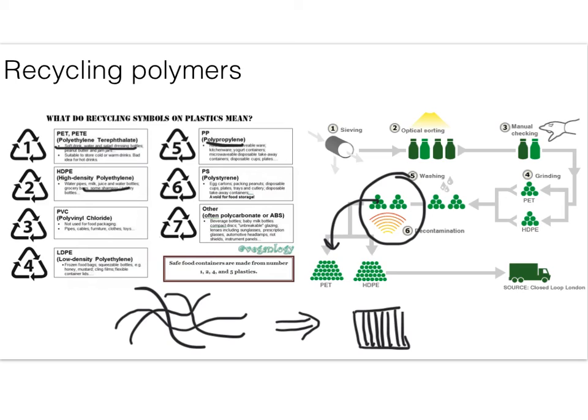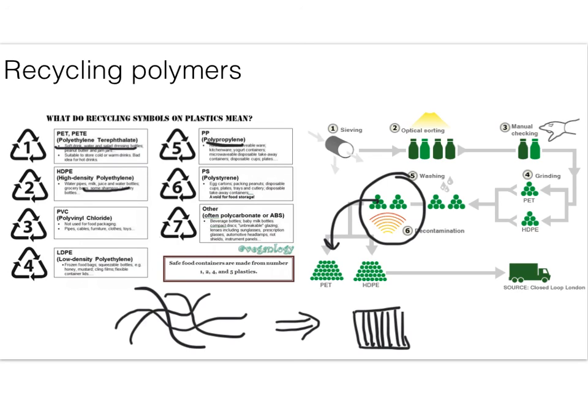Other ones have to use a different technique. Sometimes there's a chemical technique that they ultimately utilize, and some are not as easy as others to recycle. And so you want to check with your city system as to what you can and cannot recycle.